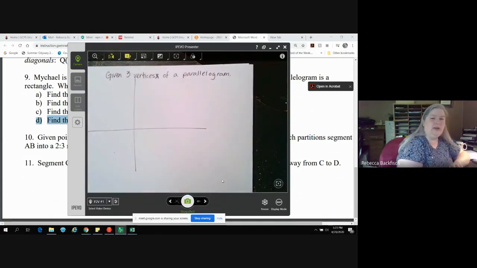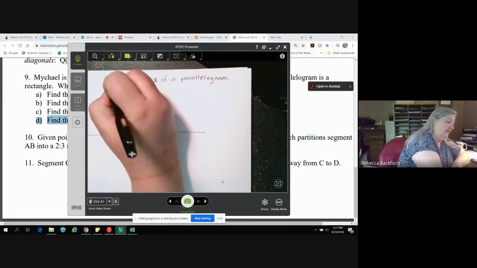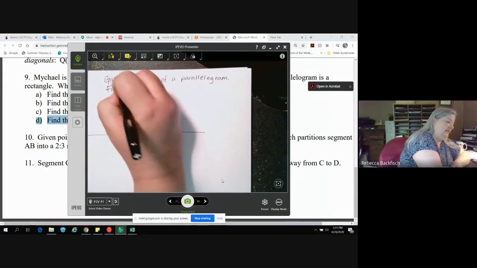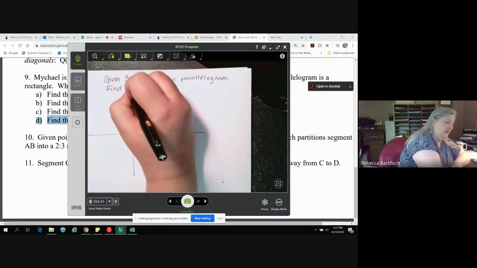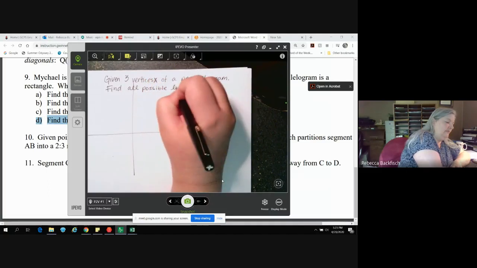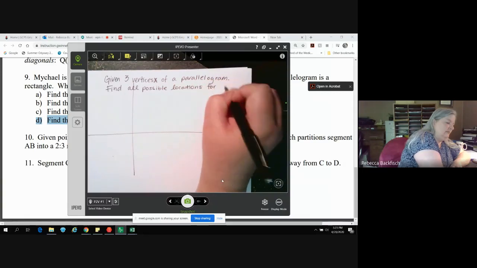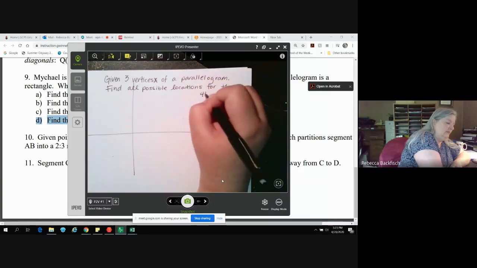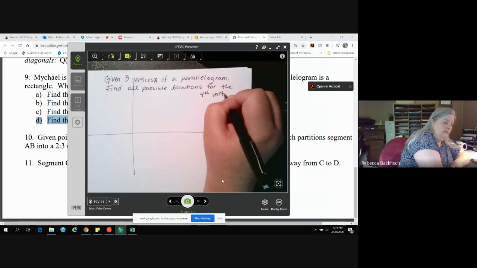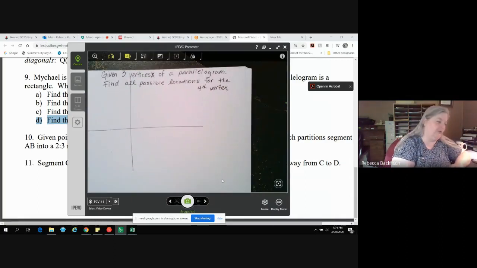This was similar to one you did on the quadrilaterals one with the rectangle. Let's find all possible values for the fourth. Given 3 vertices of a parallelogram, find all possible locations for the fourth vertex.